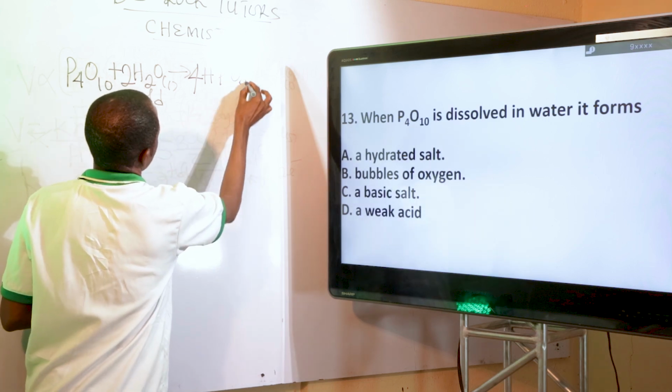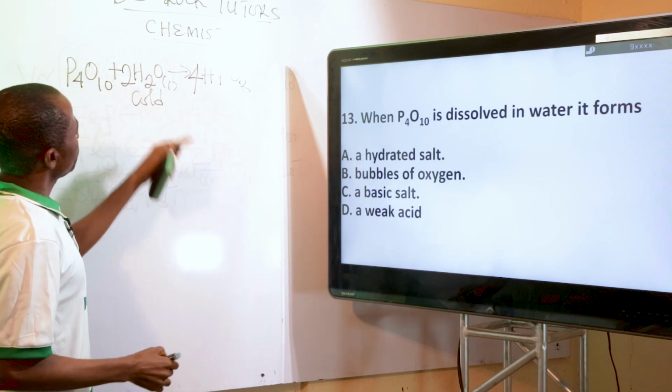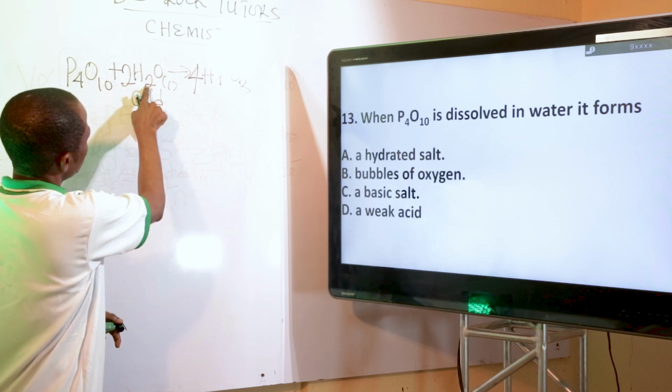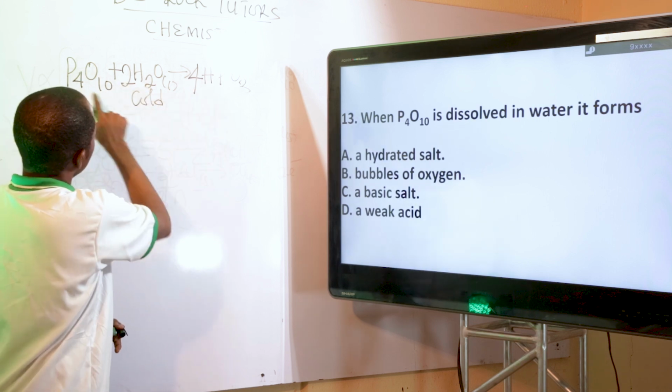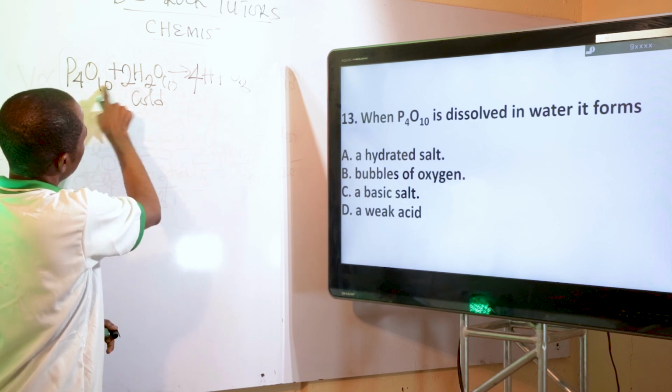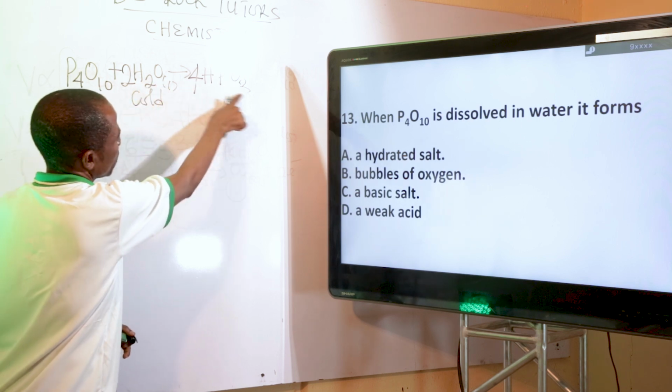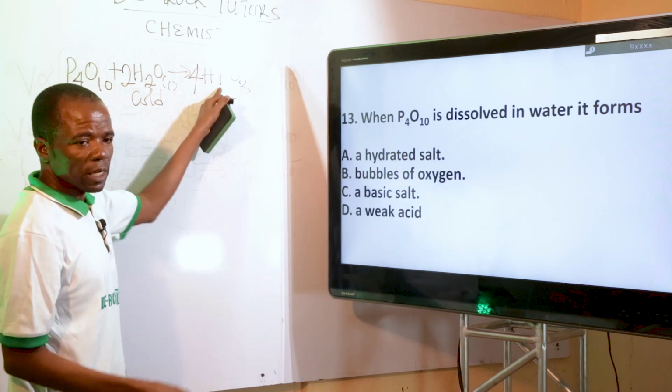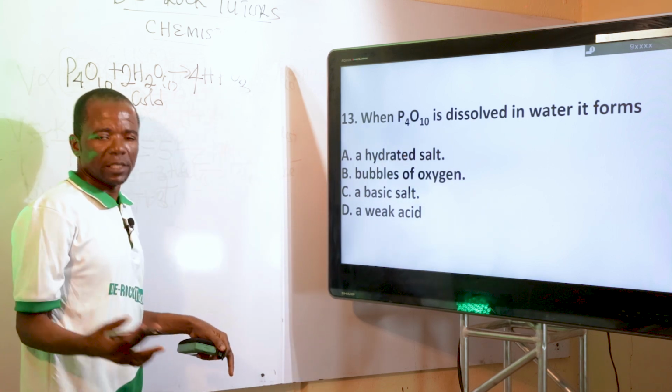HPO, this should be 3. That's right. 4HPO3. So we can see 2 times 2, that's 4 hydrogen. Then phosphorus is 4, that's 4 phosphorus. Then oxygen here is 10, plus 2 oxygen, you are making 12. 4 times 3, that's 12. So this is an example of a weak acid.